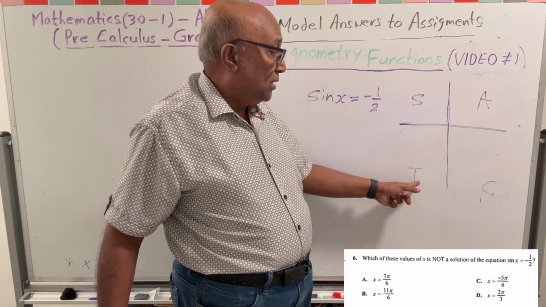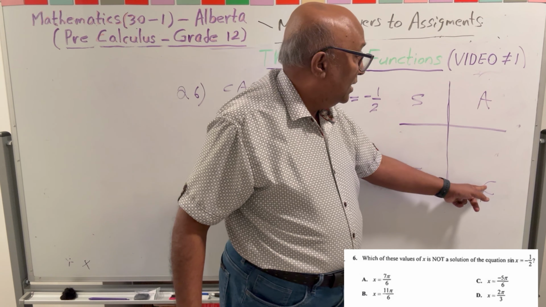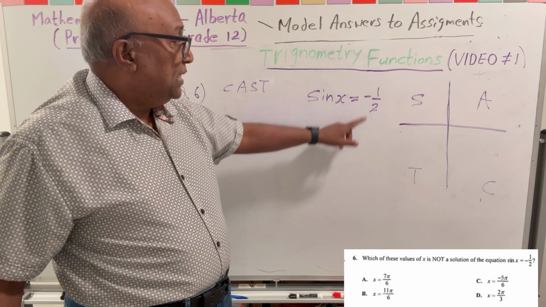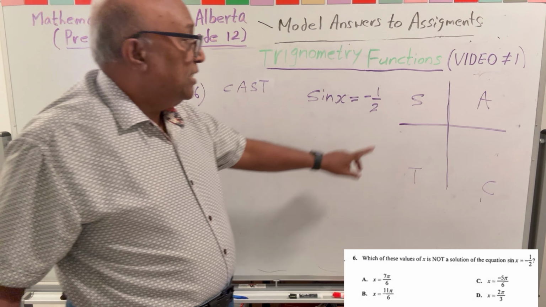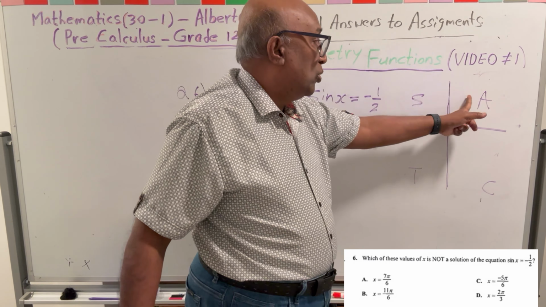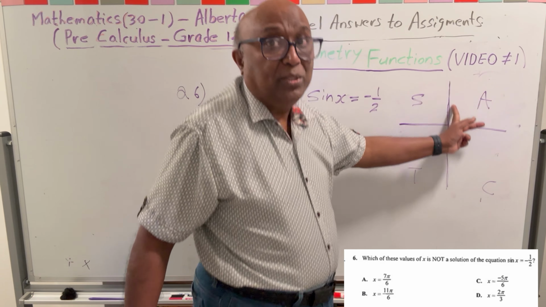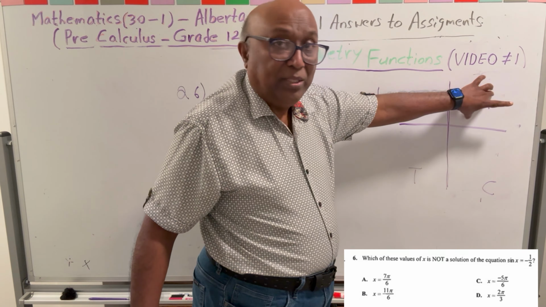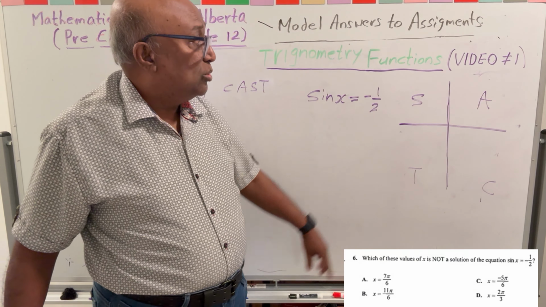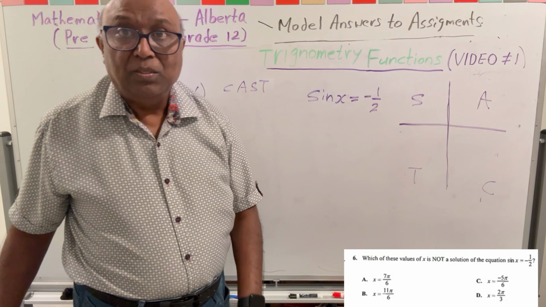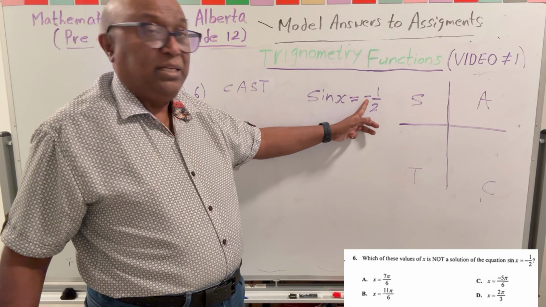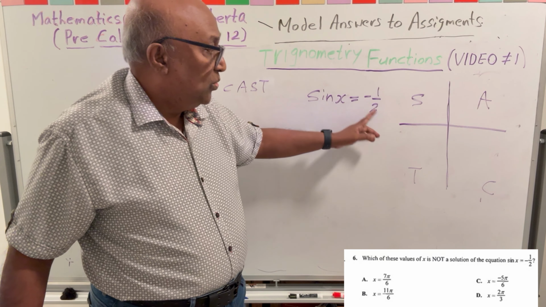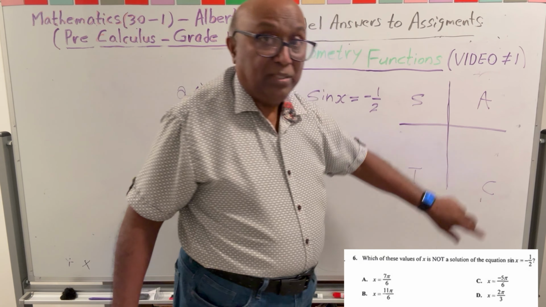Sine positive, tan positive, cos positive. Sine value is positive in the first quadrant and in the second quadrant. But we have to look for a negative sine value. Then the sine value will be negative in the third and fourth quadrants.